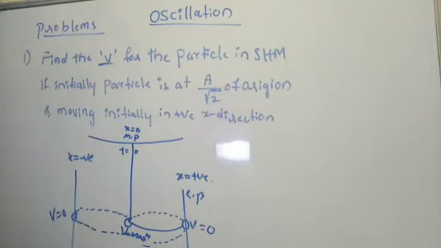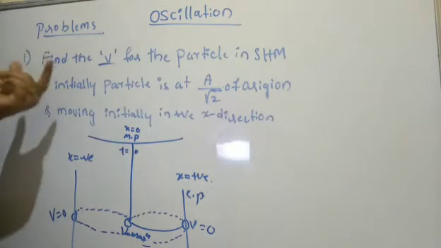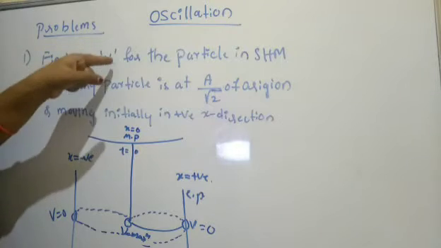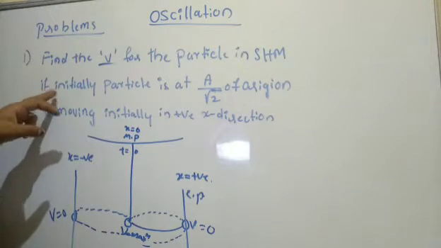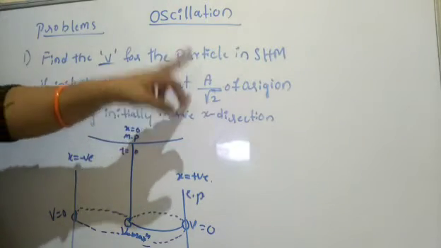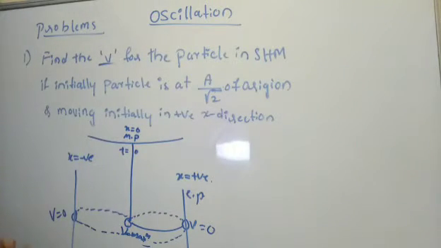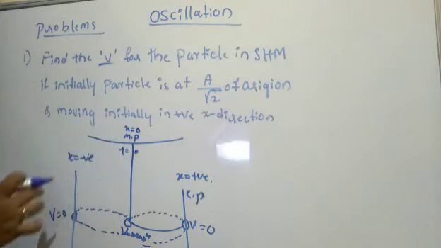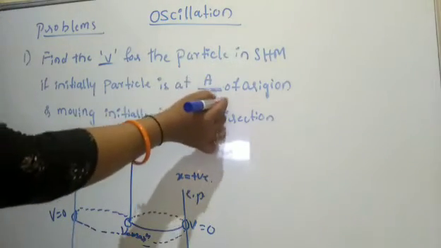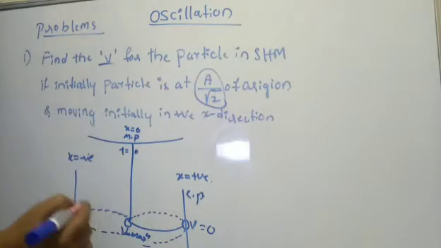Next, what is the question saying here? We need to find the velocity for the particle executing simple harmonic motion if initially the particle is at a by root 2. Initially, if the particle is at the mean position, x is equal to 0, but it is saying that the particle is at a by root 2.